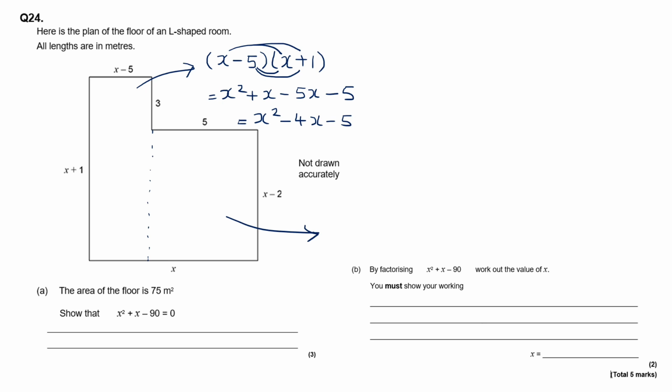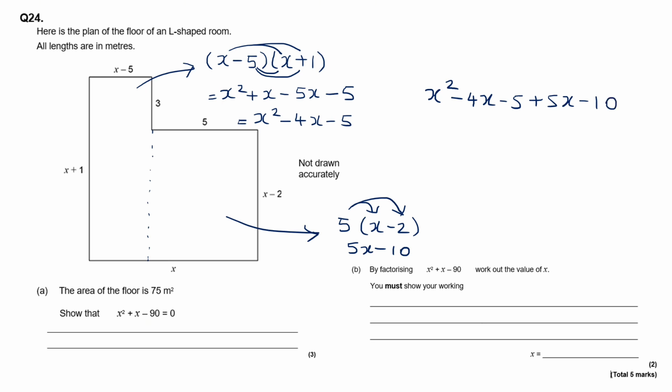Then area of this is going to be 5 times x minus 2. So that's going to be 5 times x is 5x. 5 times negative 2 is negative 10. So when I add these, x squared minus 4x minus 5 plus 5x minus 10, this should equate to 75.